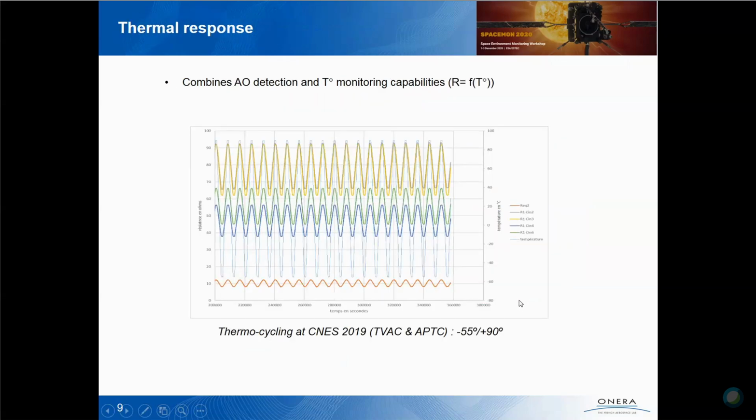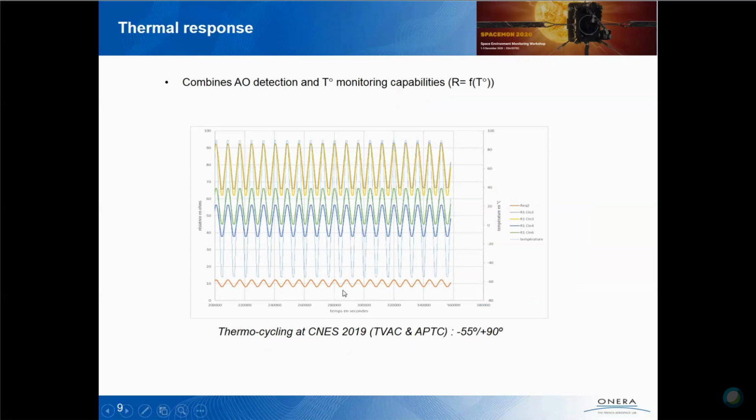Here you have the thermal response of the detector that was realized during thermal vacuum and air pressure thermocycling at CNES, in the range from minus 25 degrees up to plus 90 degrees, which validated the thermal functionality of our detector.